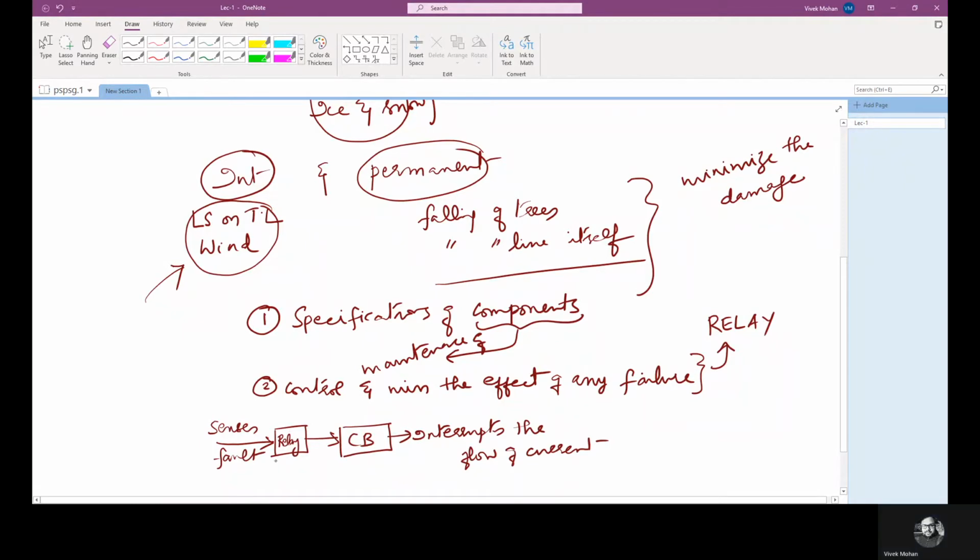Now, the relay is operated mostly at a low signal level. The signal level may be low for the relay compared to the actual system from which the fault is sensed. The actual power system is here, and the amperes may be very high here.